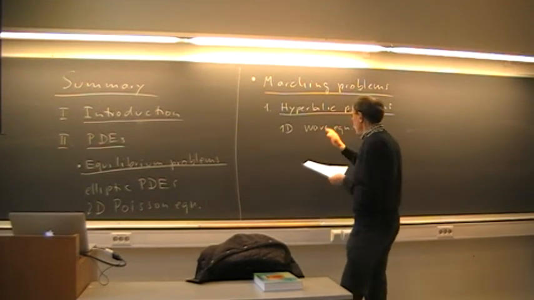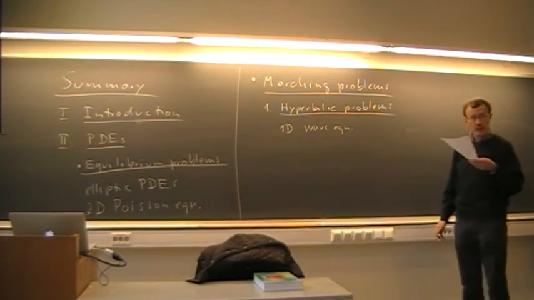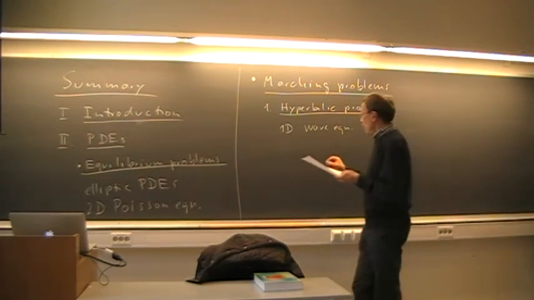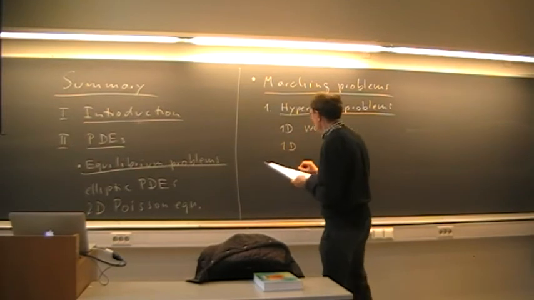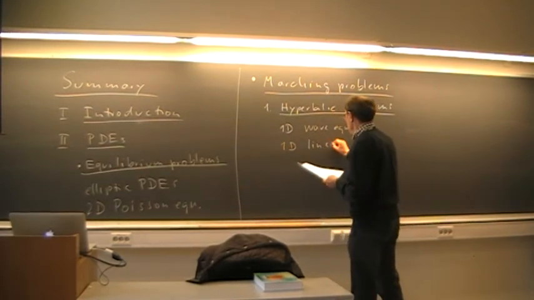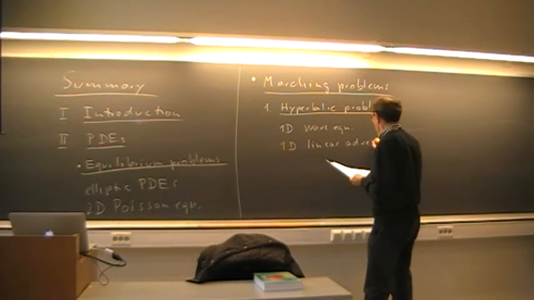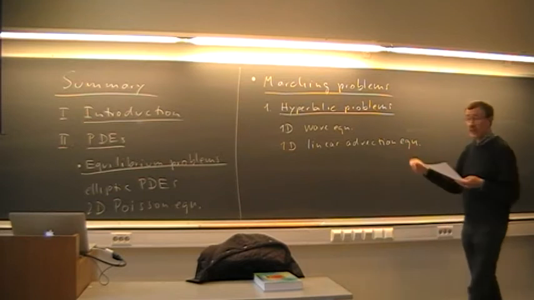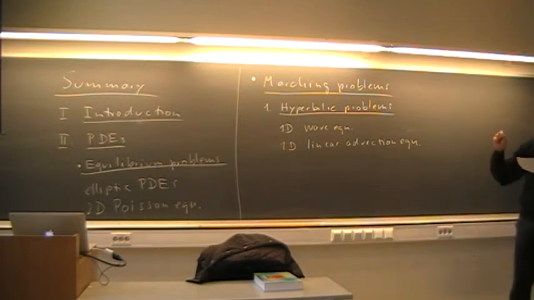We did not go too much into detail, but Radar had a demo on that, which is a second order equation. We spent much time later on the 1D linear advection equation. There the characteristic is given by the velocity.